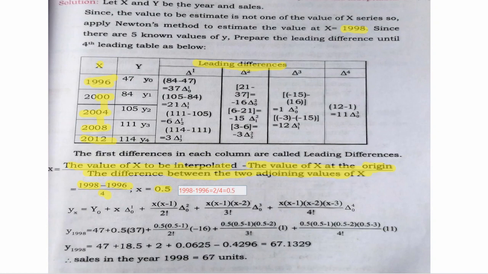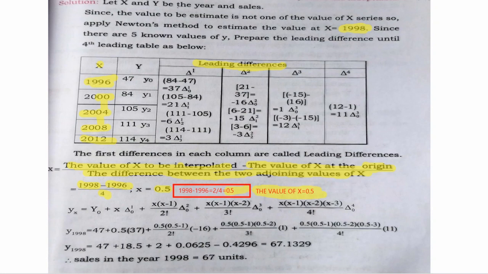That 0.5 is considered the value of x. Right, now we got the value of x, 0.5. With the help of the x value, we will find the interpolated value, that is, the sales in the year 1998.